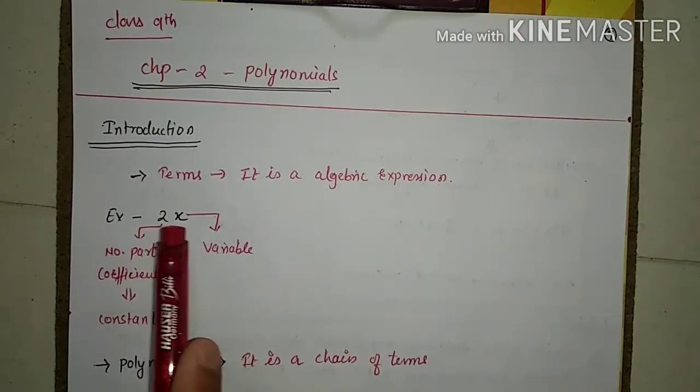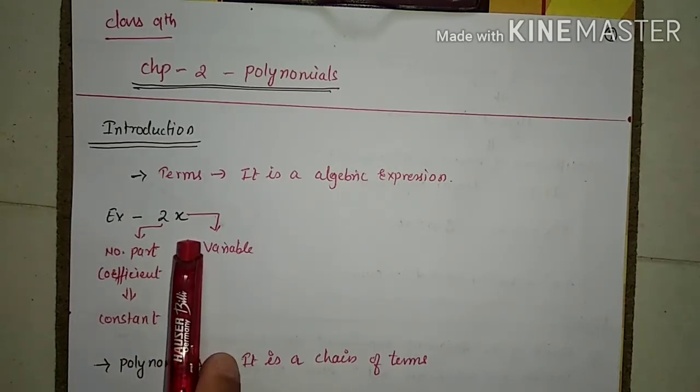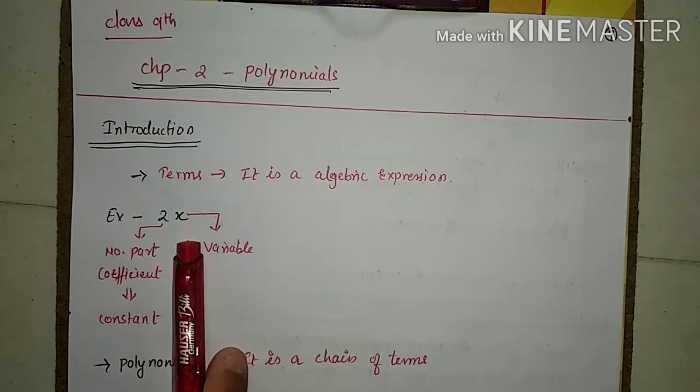Okay, now here 2x. You can see this x, and whenever you have to check in this chapter, you always have to consider the variables, and the variable should have a whole number power. This is a very important thing to check whether it is a polynomial or not, only by the power of that variable.